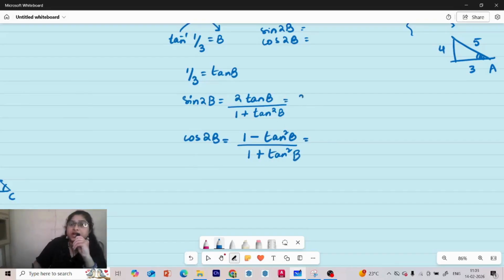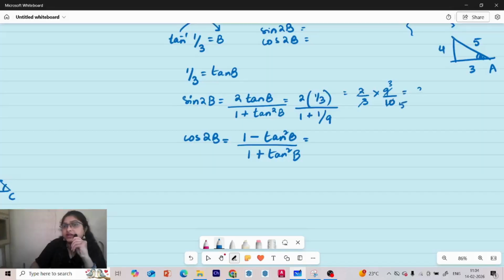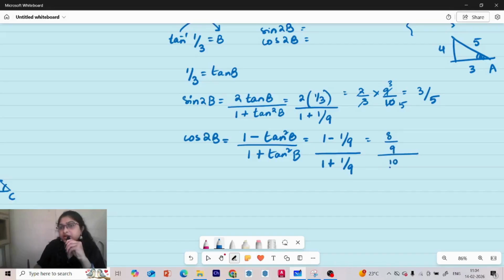So tan b value is 1 by 3, and 1 plus 1 by 3 square, which is 1 by 9. Simplifying this, we get 2 by 3 into 9 by 10. 3 3s, so this is 6 by 10, which is 3 by 5. Similarly, what's cos 2b? 1 minus 1 by 3 square, which is 1 by 9, by 1 plus 1 by 9. So what do I get? 8 by 9 by 10 by 9.